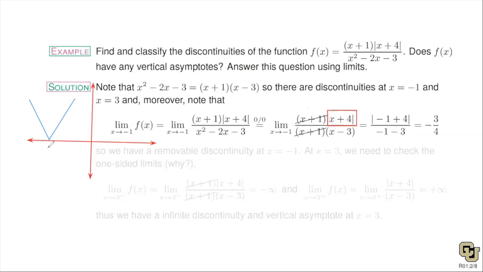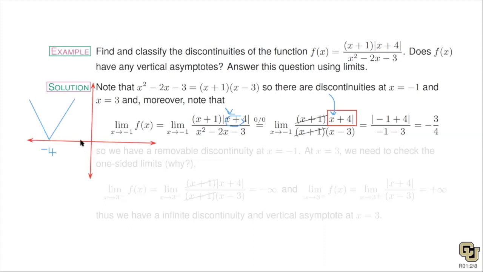So if you plug in x equal to -5, that'll be a negative number. But if you plug in x equal to -3, that'll be a positive number. So the absolute value changes its definition around -4.